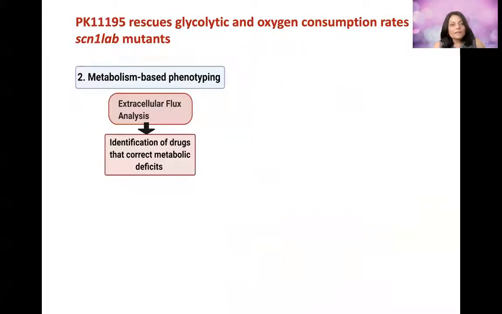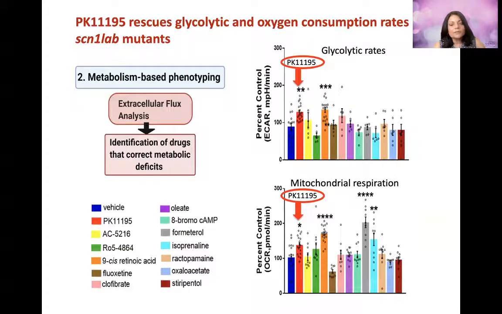Our next phenotypic screen was the metabolism-based phenotyping. In this, we conducted the extracellular flux analysis, which I described earlier, and we subjected these compounds to these metabolic screens. Our goal here was to see if any of them, after a certain number of hours of incubation, was able to improve the baseline glycolytic and/or mitochondrial respiration rates.